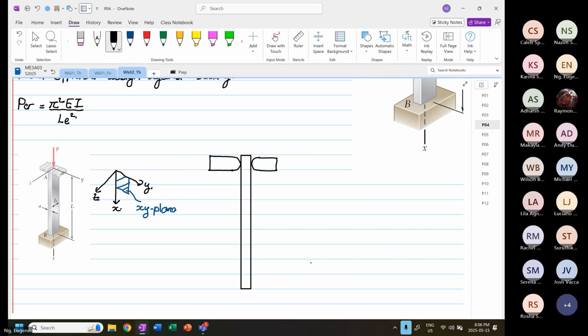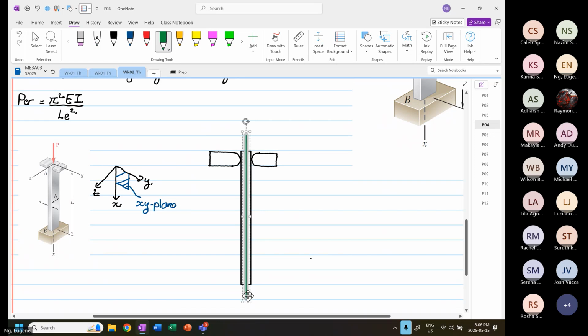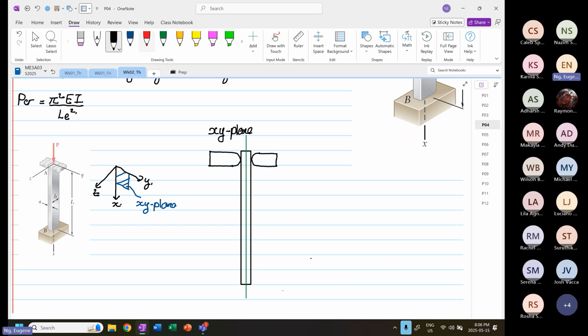Okay, and then I'm going to draw the geometric centroid. As I said before, we are focusing on the XY plane. We have a load over here that is P, and at the other end, it is fixed.